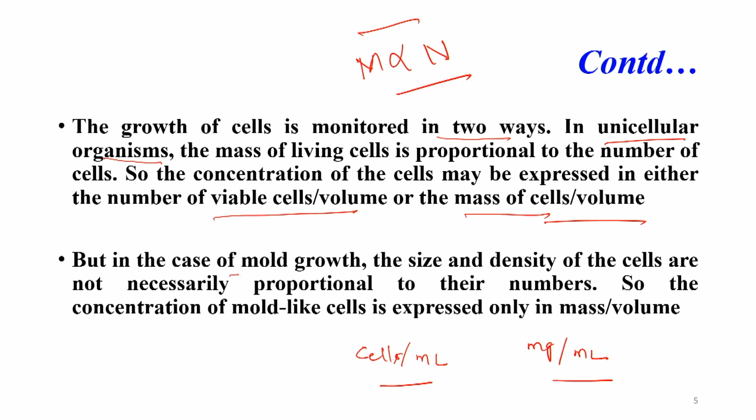But in the case of filamentous organisms like mold, the size and density of the cells are not necessarily proportional to their number. So, mass and number are not in proportion. The concentration of mold-like cells is expressed only in terms of mass per unit volume, not in terms of number.